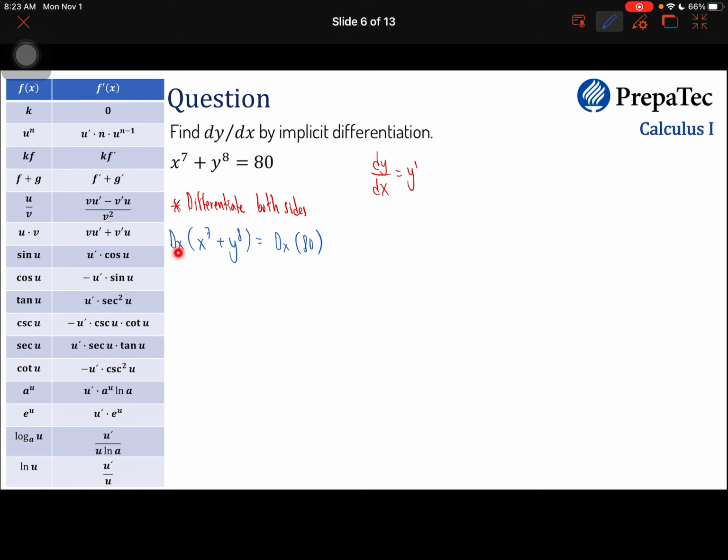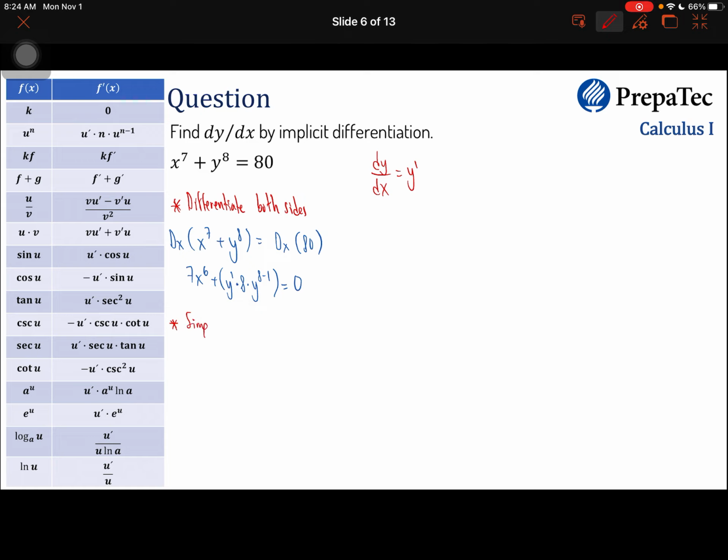The differentiation of x to the 7 is 7x to the 6, plus the differentiation of y to the 8, which, following the chain rule, is going to be y prime times 8 times y to the 8 minus 1. And then on the right side, the derivative of a constant is 0, and that is the differentiation process at this point.